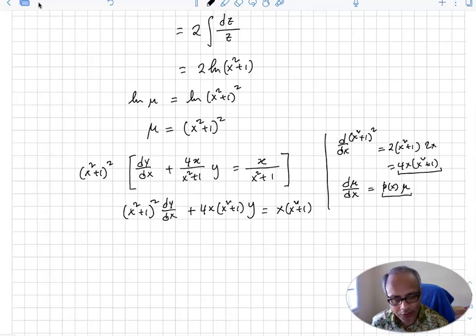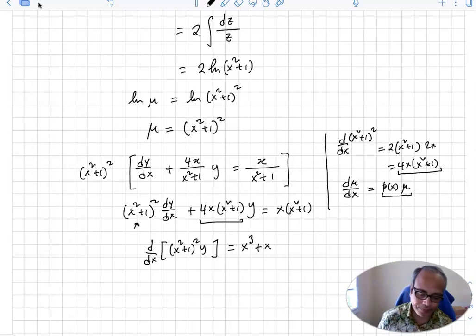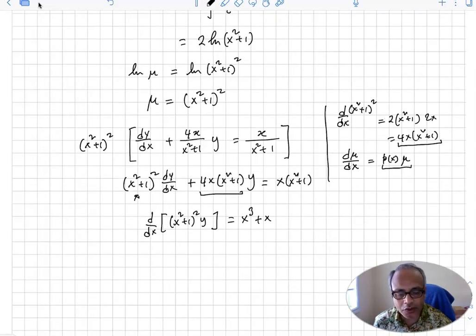Nevertheless, we can see that this part is the derivative of this quantity, so we can rewrite it as x square plus 1 squared times y equals x cubed plus x. And you actually don't have to do this calculation always.